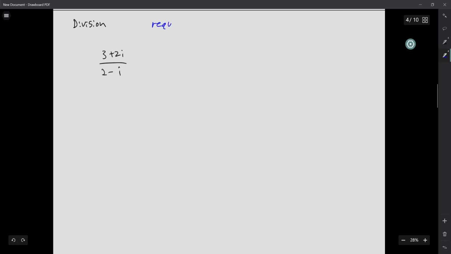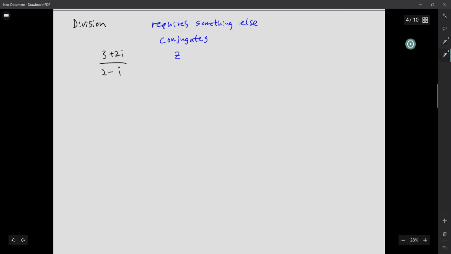This requires something else. And that something else is going to be the conjugate, which is something we talked about when we had polynomials or when we were dealing with the quadratic formula, conjugates.